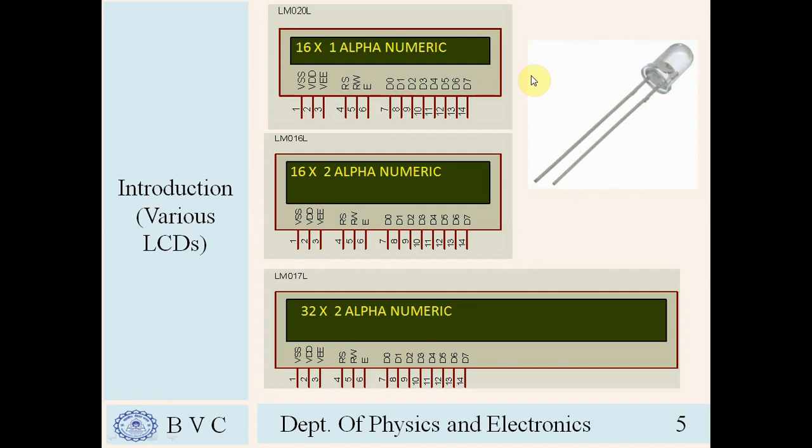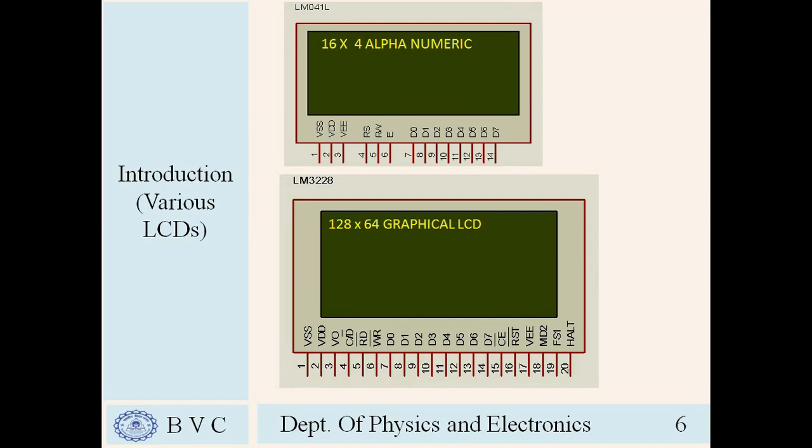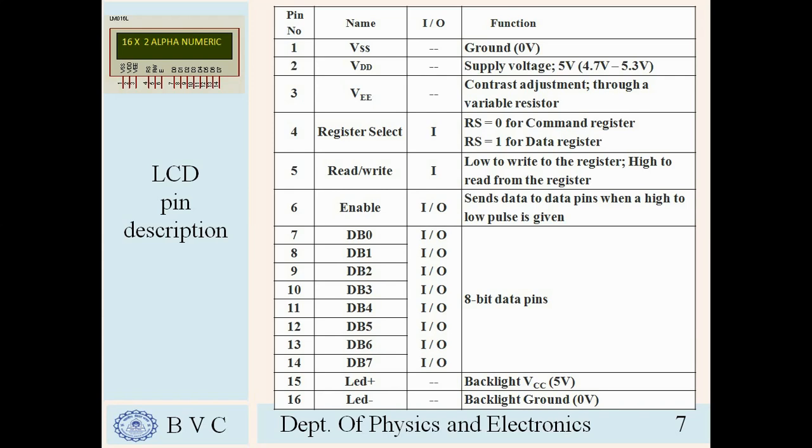A string of length 32 can be displayed in the first row, and another string of length 32 can be displayed in the second row. Similarly, 16 by 4 alphanumeric, and the next one is 128 by 64 graphical LCD. So these are a few LCDs available in the market. Apart from these, you will find a variety of LCDs, which we have to select according to our requirement.